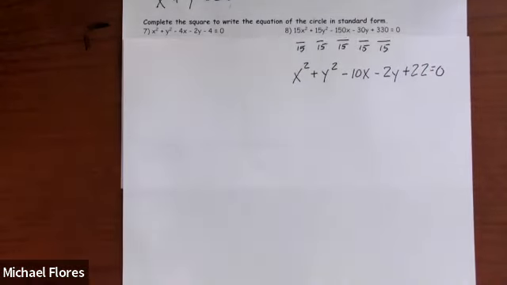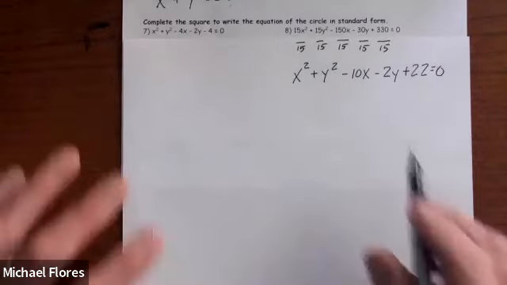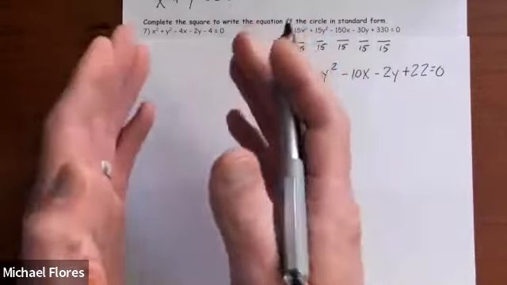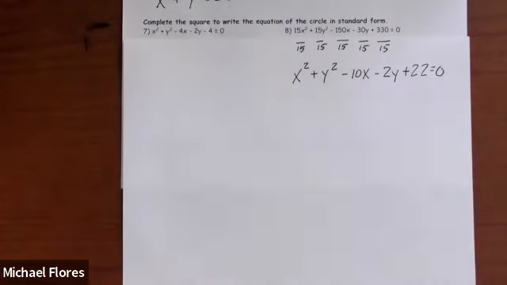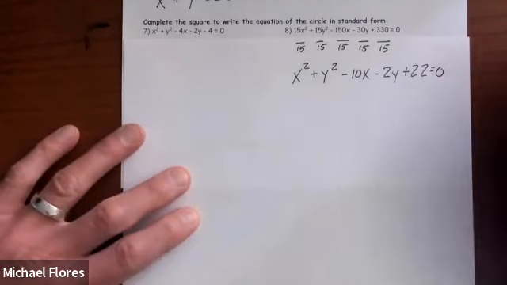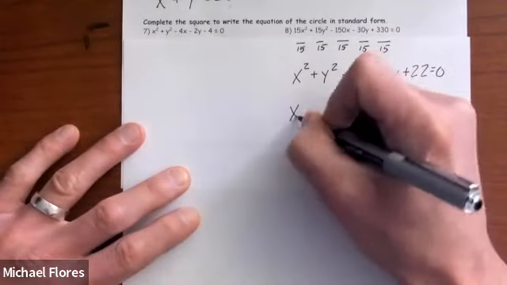Survey says, ding, 22. Okay. Now remember, we're going to bunch our x values together. We're then going to bunch our y values together. And we're going to take any number that doesn't have x or y, and we're going to swing it to the other side of the equal sign. So I'm going to do that now.